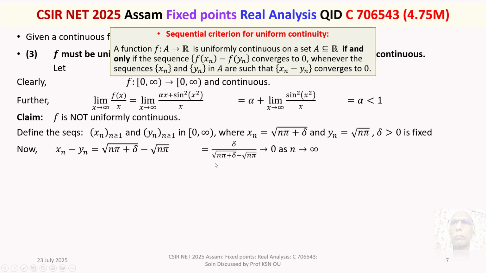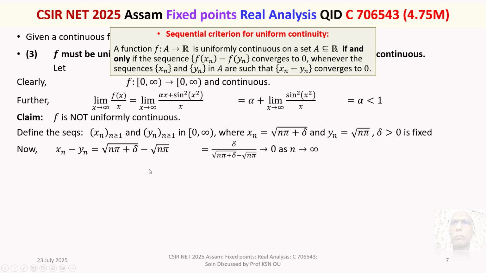In the denominator, it will be root of n pi plus delta plus root of n pi, not minus, it is plus. And this tends to 0 as n tends to infinity. There is a typographical error here.